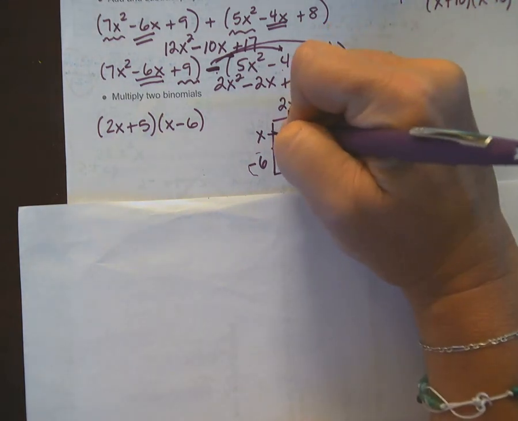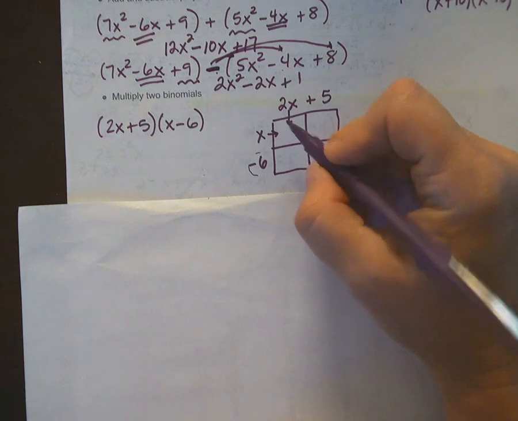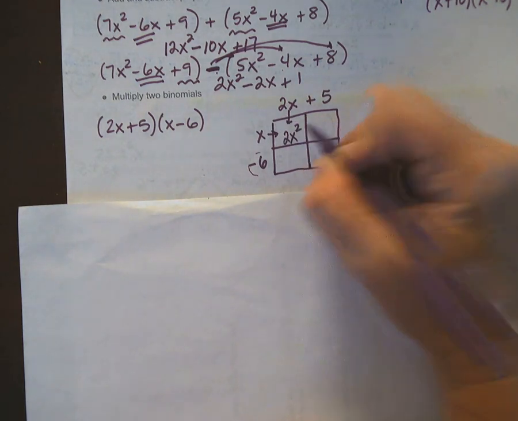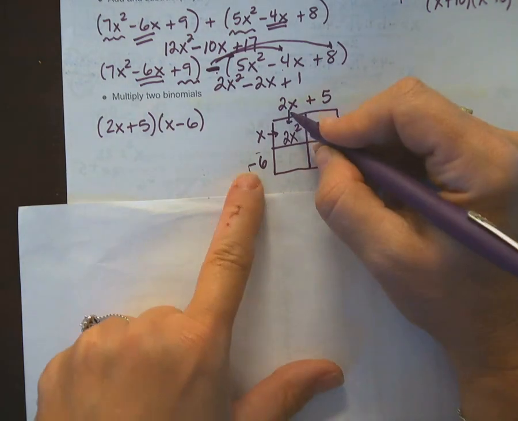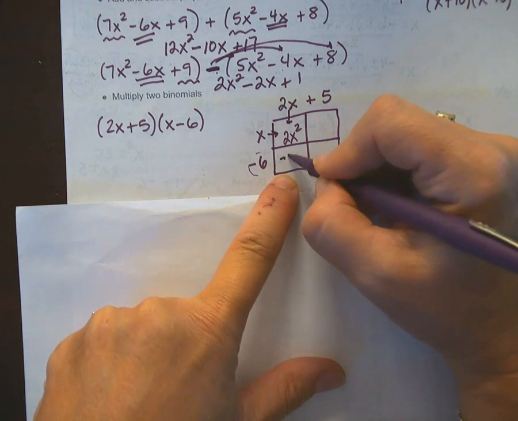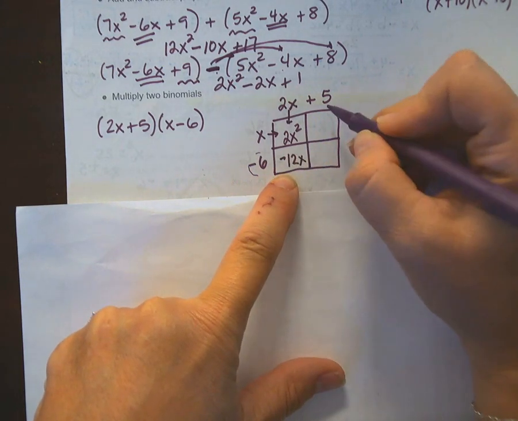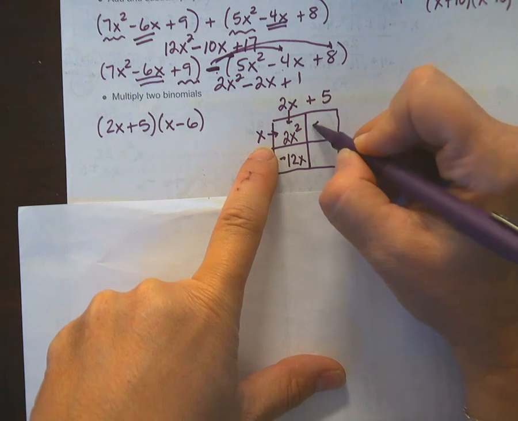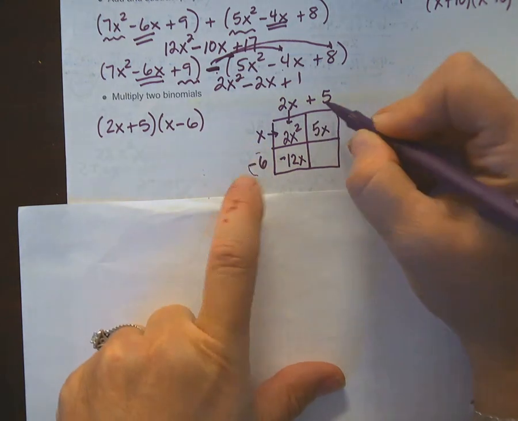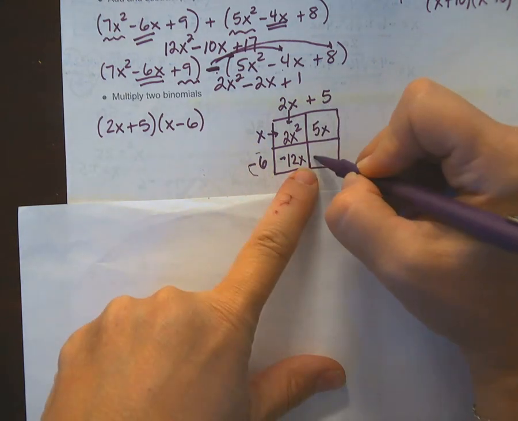And now we multiply row times column. So 2x times x is 2x squared. 2x times negative 6 is negative 12x. 5 times x is 5x. And 5 times negative 6 is negative 30.